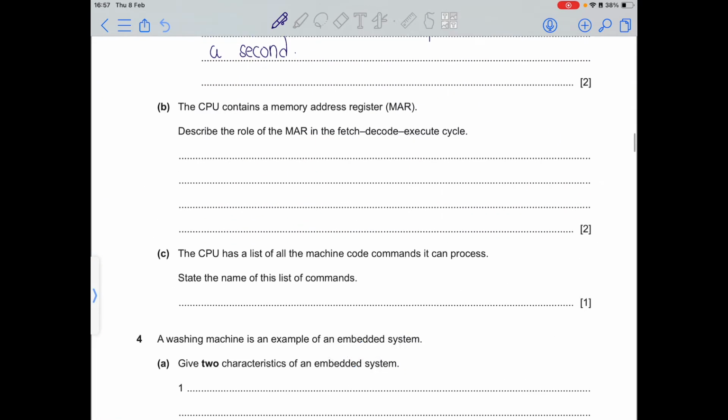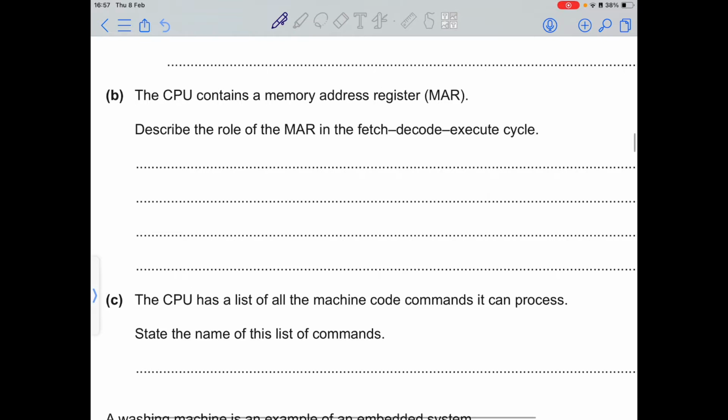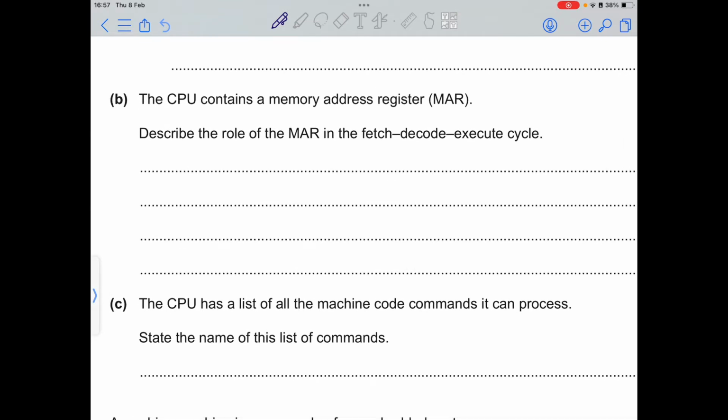The next is that the CPU contains a MAR, which is referred to as the memory address register. Describe the role of the MAR in the fetch, decode, and execute cycle. The MAR stores the addresses.